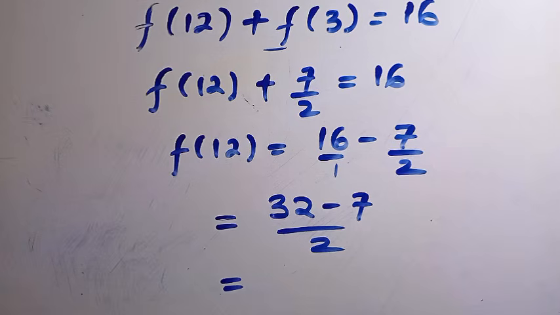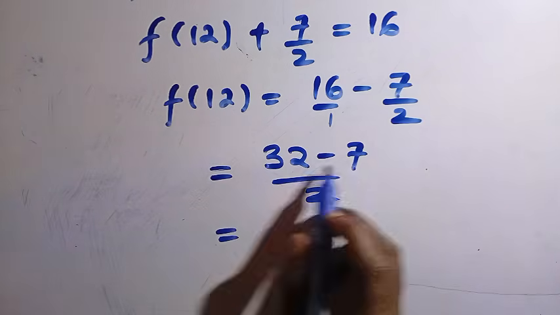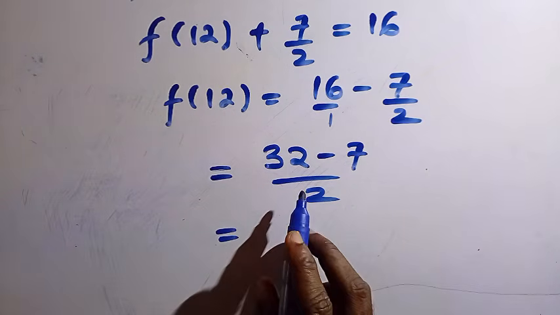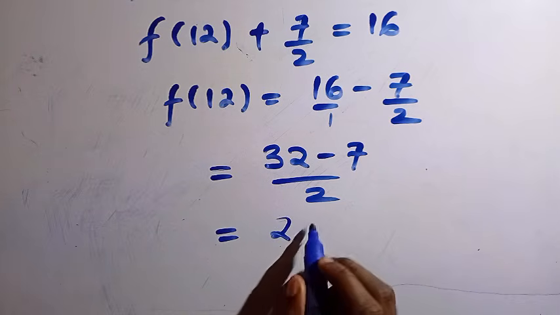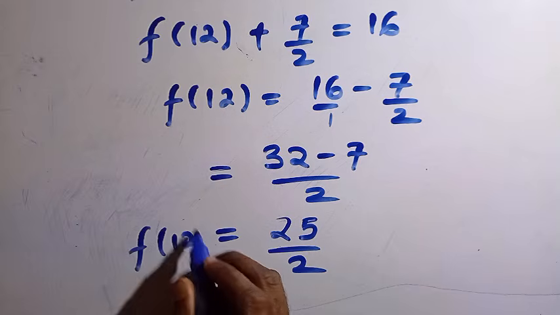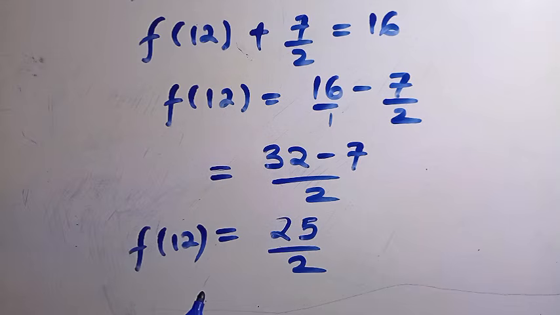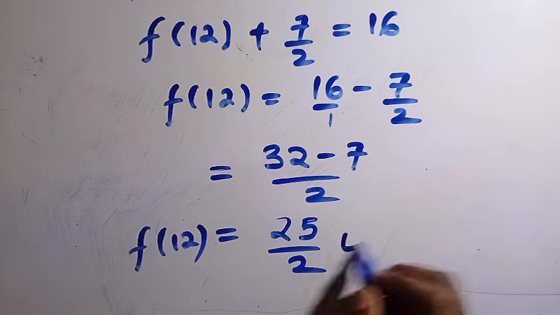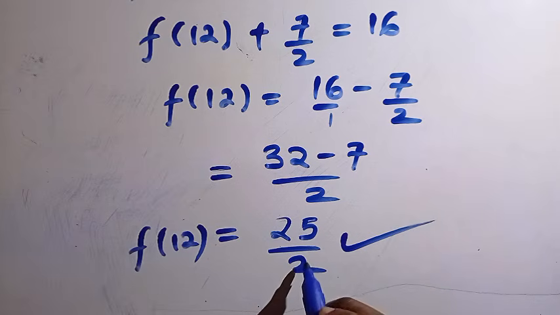So the final answer to this is 32 minus 7, and this gives us 25 divided by 2 for f of 12. This is a nice functional equation problem, and the answer for f of 12 is 25 over 2. Let's solve this using the second method.